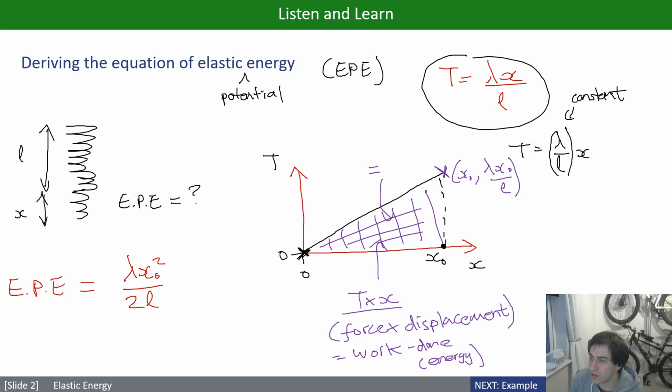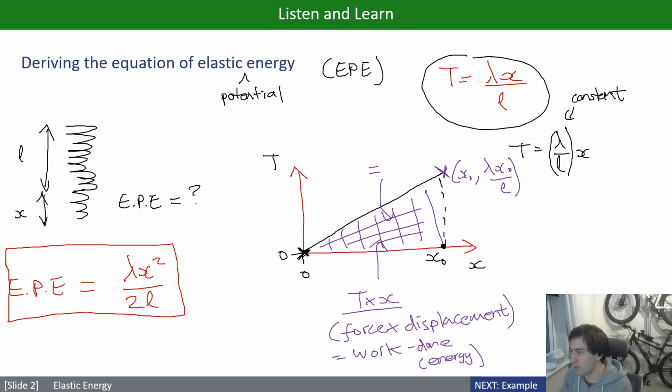Except you won't see it as x0, you'll just see it as x, because when it's just the formula, there's no ambiguity between the variable and the instance of the variable. So here, x just represents the actual value of the extension. Okay, so that's our elastic potential energy formula. It's quite simple to use. It's very similar to this tension formula in how you'll be using it, except this one gives you tension and this one gives you elastic potential energy.